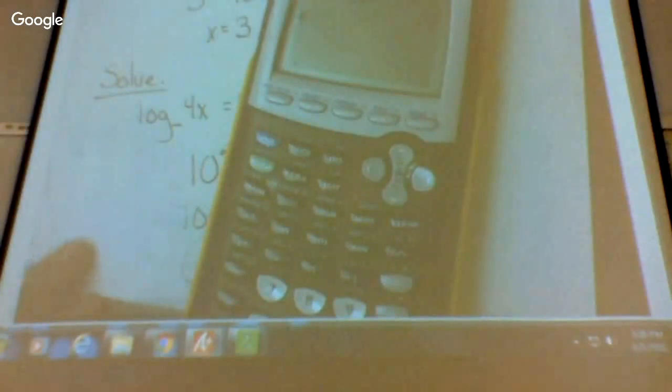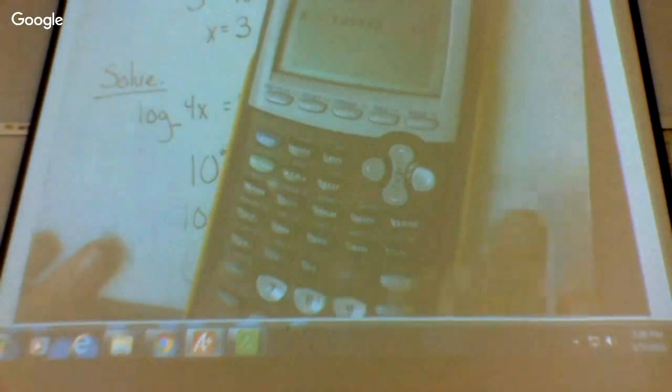Change of base means you neutralize it to both of them being base 10, and you say normal log of 125 divided by log of 5, and it gives you the same thing. So it's log of the big number divided by log of that base number.